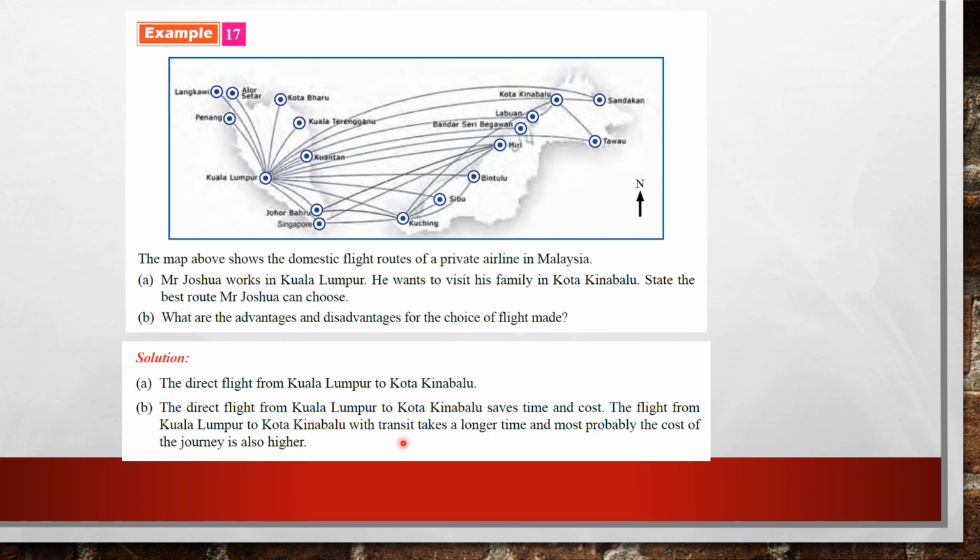So that's why it is not an economical choice. So the direct flight from Kuala Lumpur to Kota Kinabalu is the best route for Mr. Joshua. You need to explain why you choose this transport, which is the most economical choice. So that is the last part of this chapter.